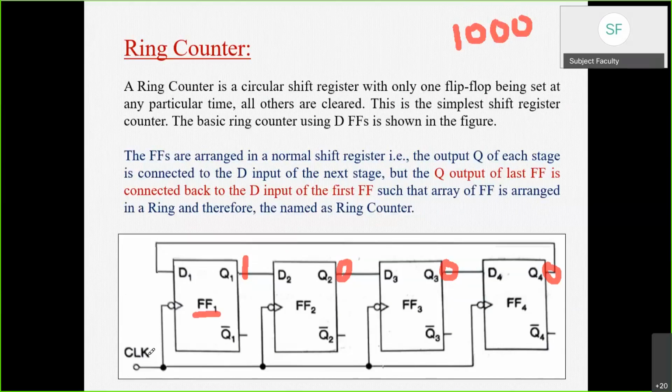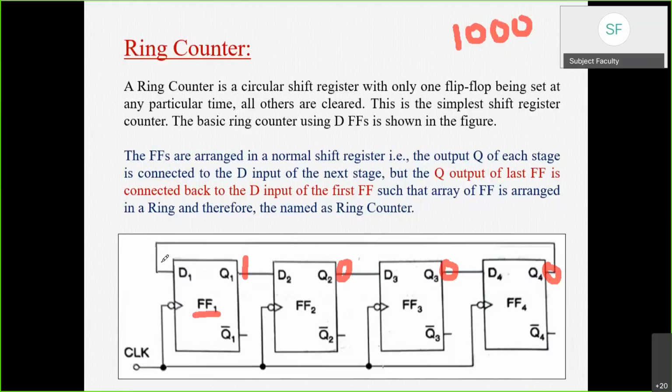I have already shown this output because we have assumed it. Now what about the inputs? What will be the input of the first flip-flop, D1? If you observe, D1 is connected to Q4. So whatever is the value of Q4, it is nothing but the value of D1.